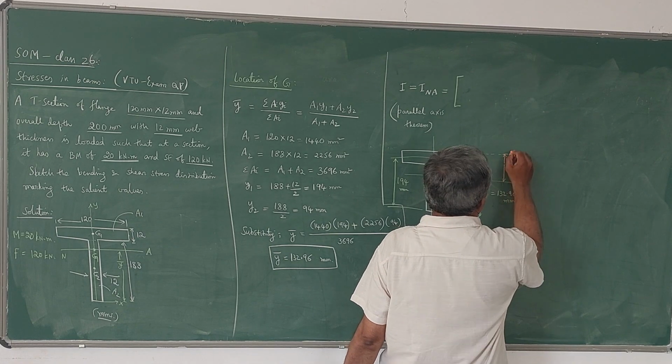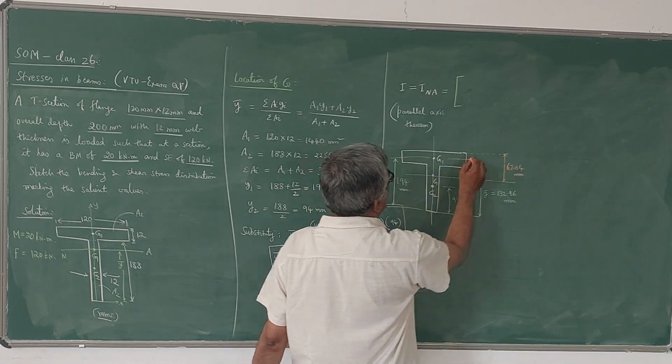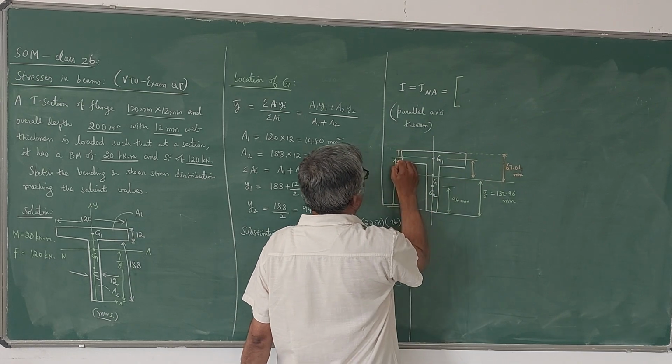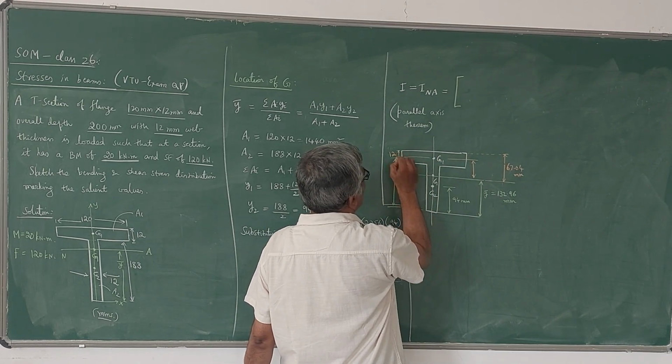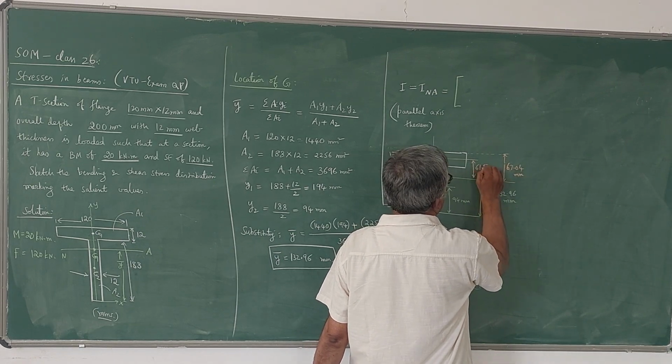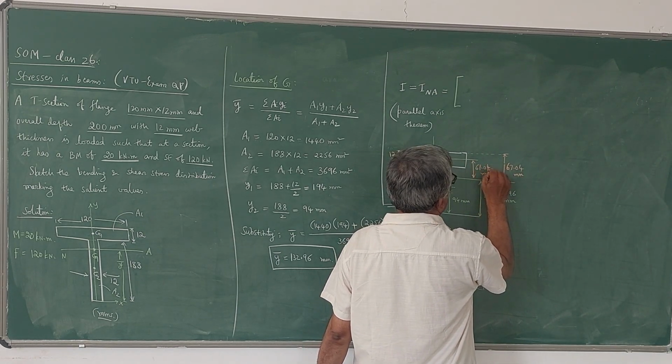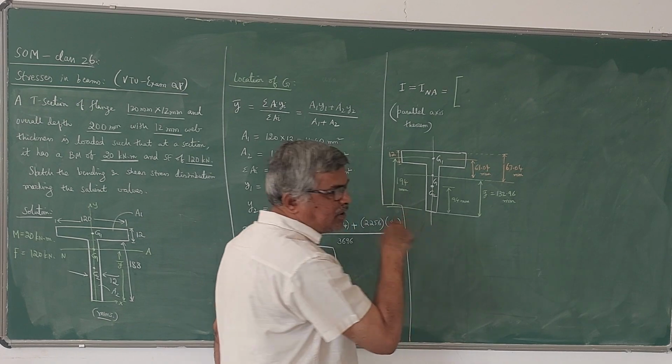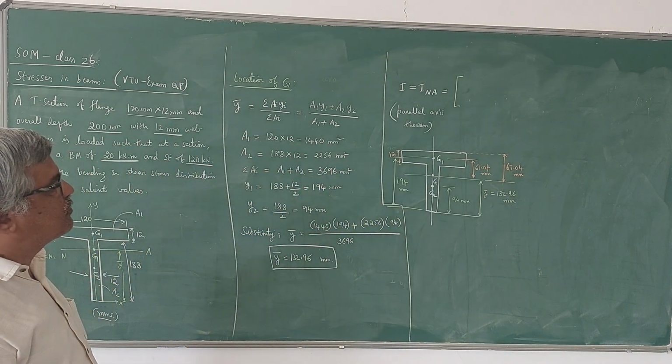From this 67.04, you have to deduct this. This is 12 mm, so you have to deduct 6 mm. So that becomes 61.04. Distance from G to G1 is 61.04.